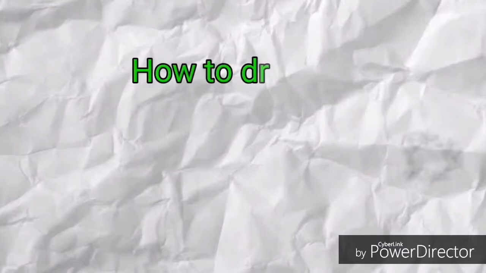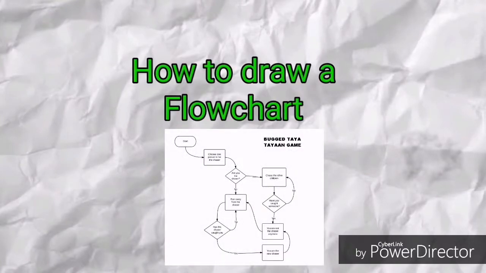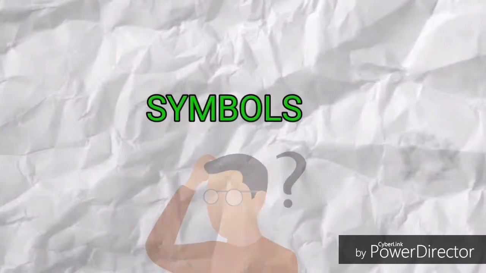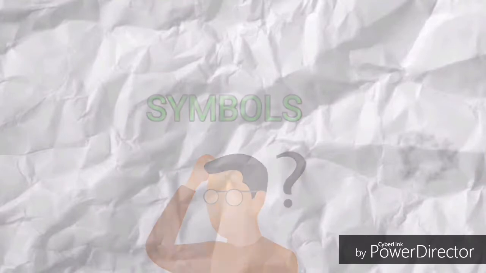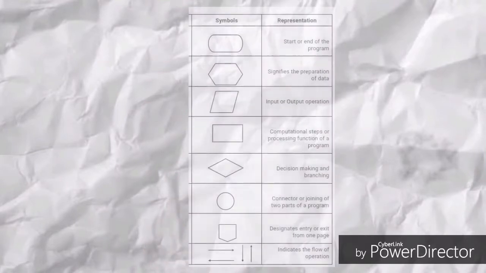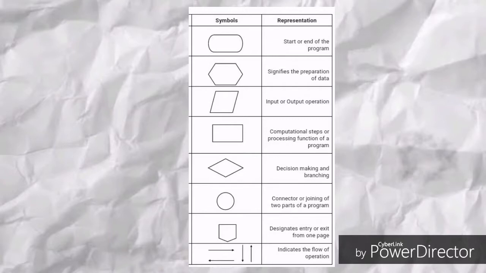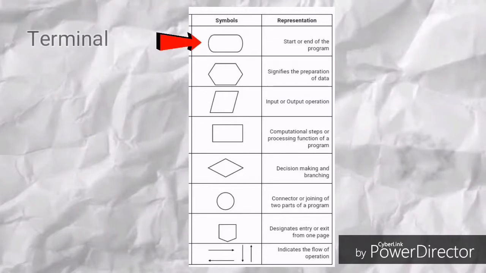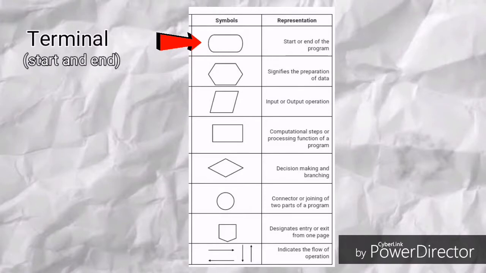Let us proceed now to how to draw a flowchart. But before I give you an example, I'm gonna show you first all the symbols that you need to know and each function. Look at this figure. The first symbol is a terminal. It represents the start or end of the program.